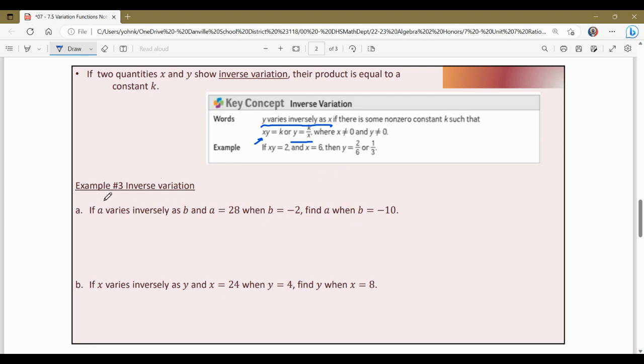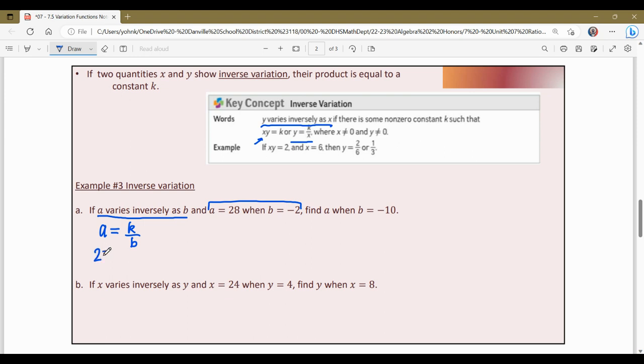So letter A, if A varies inversely as B, and A equals 28 when B equals -2, find A when B equals -10. Okay, so A varies inversely as B. A equals k over B. So again, we have direct where it's A equals kB, and we have inverse, which is A equals k over B. All right, this information here is going to give us our k value.